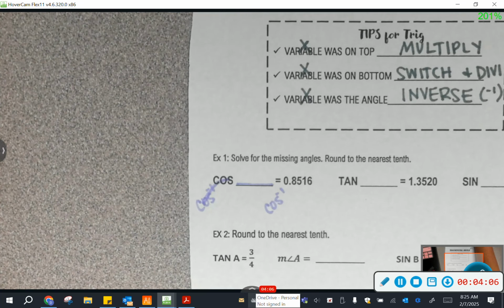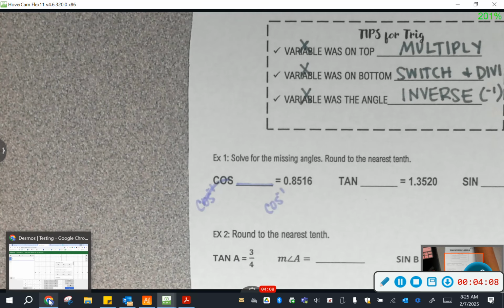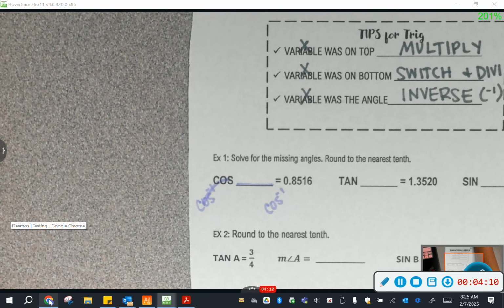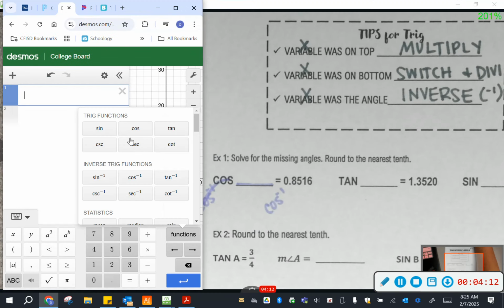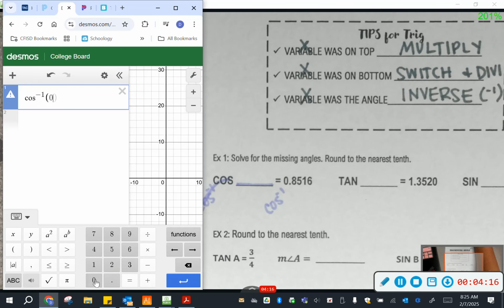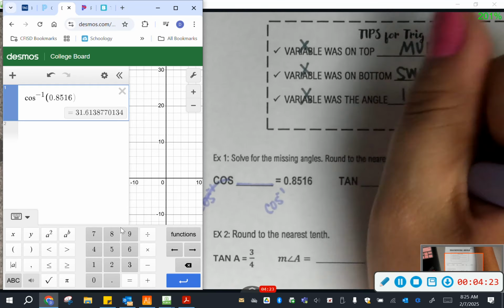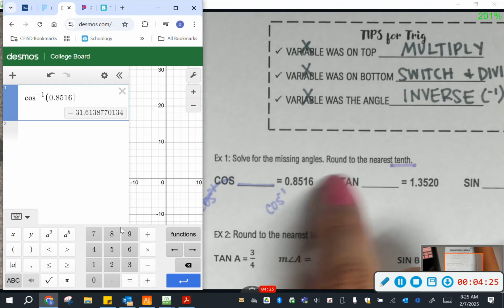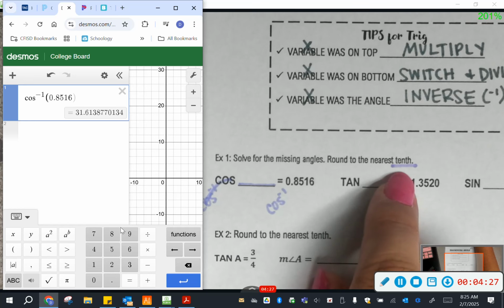So please type that into your calculator. We're going to type in, hit the functions button, cosine inverse of 0.8516. And this time, if you read the directions, it says solve for the missing angle, round to the 10th. The 10th is how many decimals? 1. So we're just going to have 1 decimal on all these.